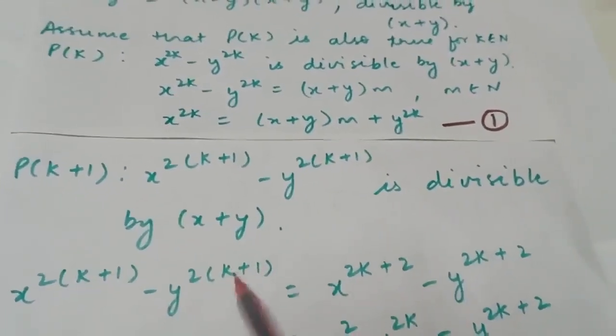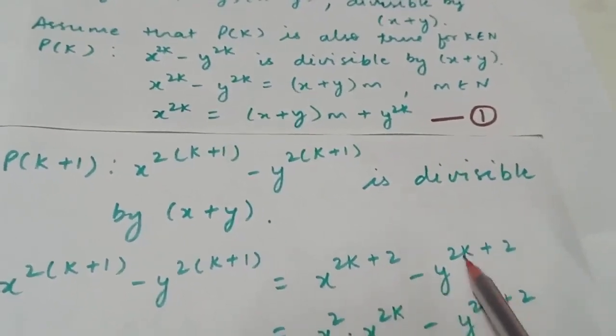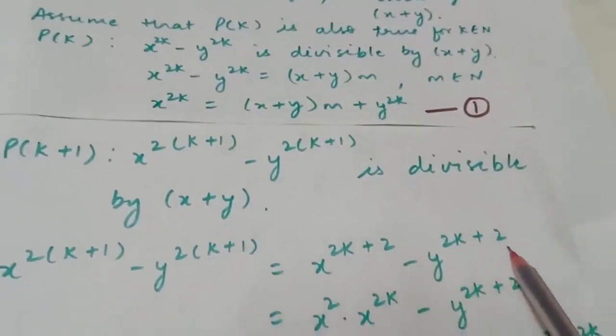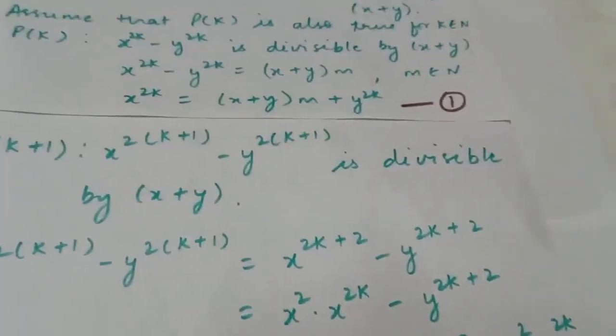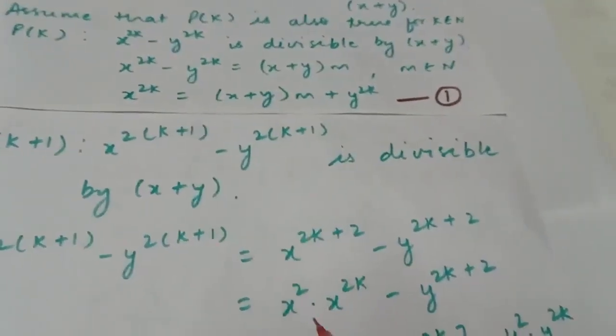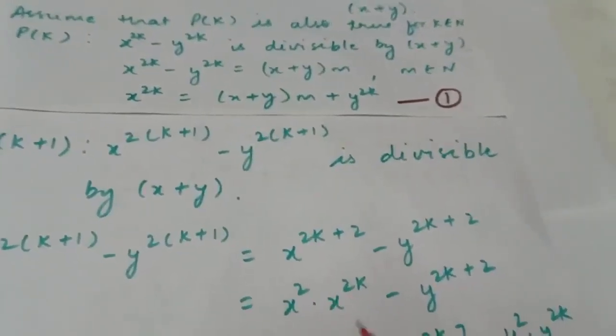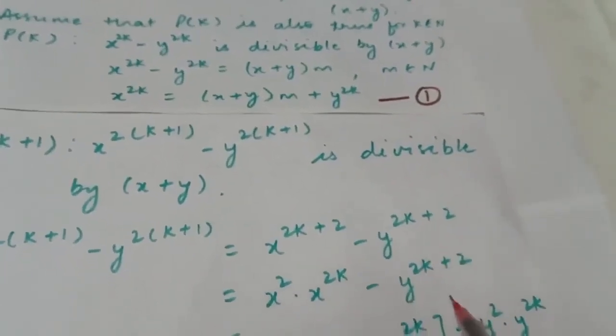Now multiply 2: x raised to the power 2k plus 2 minus y raised to the power 2k plus 2. Writing this term separately, because we have found the value of x raised to the power 2k, it can be written as x square into x raised to the power 2k minus, writing this term as y square into y raised to the power 2k.